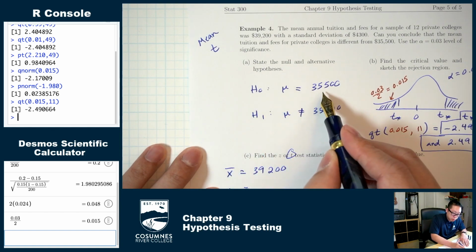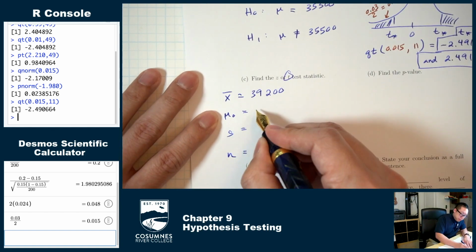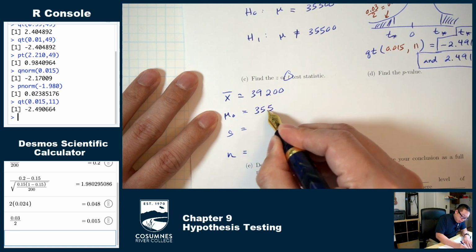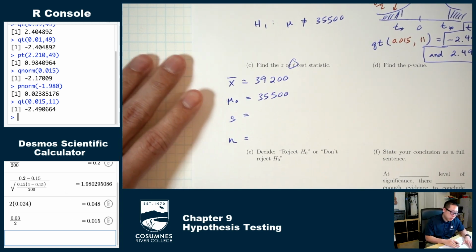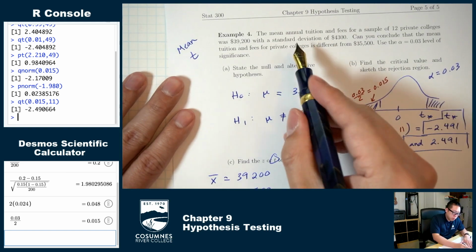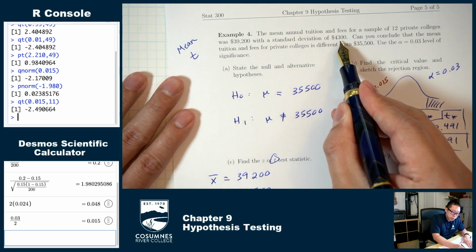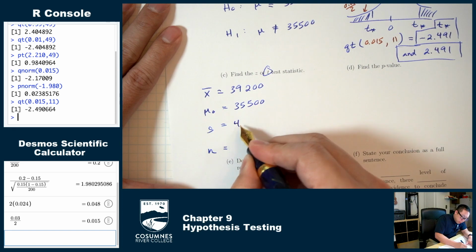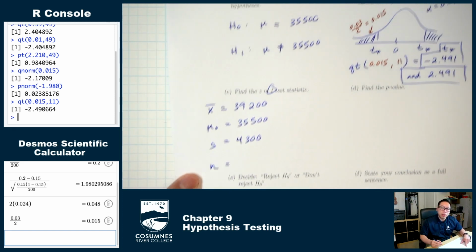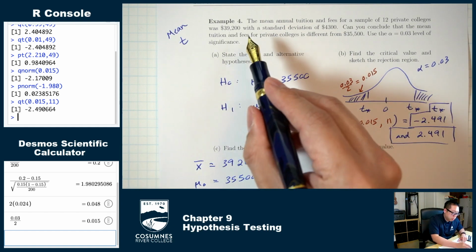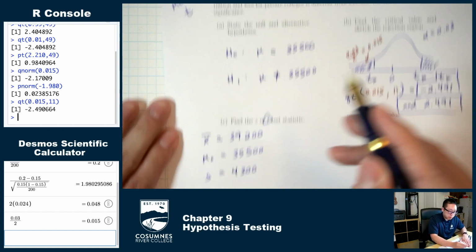The mean that we used was 35,500. S, standard deviation. Standard deviation was 4,300. And n, sample size. Sample size here was 12 colleges.